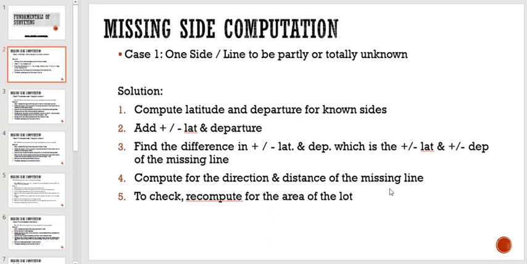By Pythagorean theorem and the trigonometric function tangent para makuha ang bearing. We already discussed that sa lesson from traverse, right? Okay, then the last step is to check or compute for the area of the lot kung given ang area. Kung wala given na area, no need to compute.